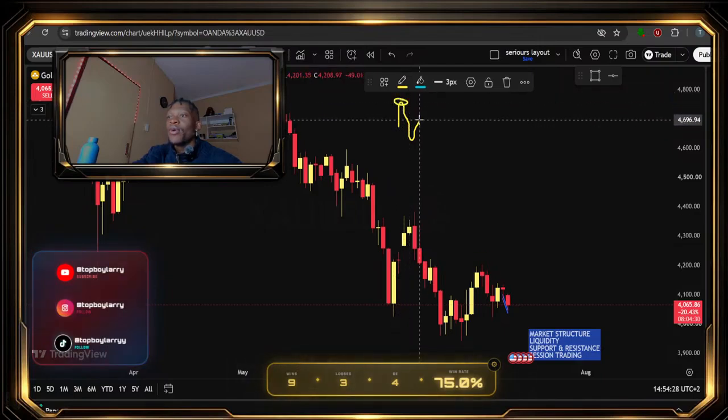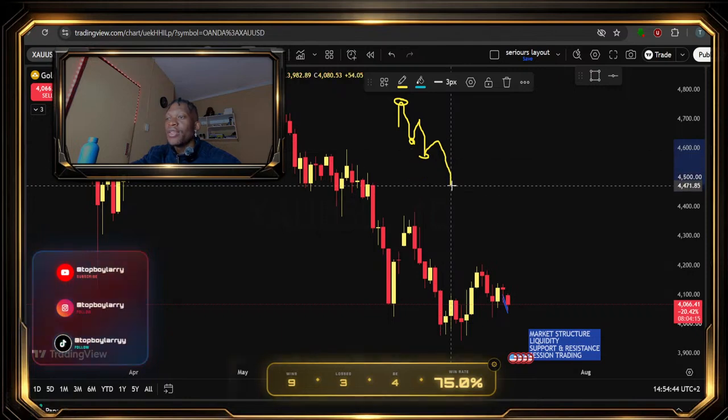Then when price passes this previous low, we're going to call it a lower low. And then just like that, a lower high is going to get created again, and a lower low. So this is structure.